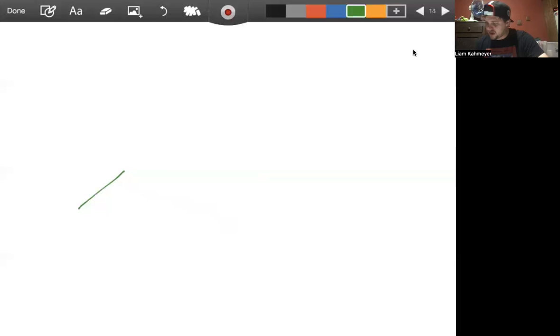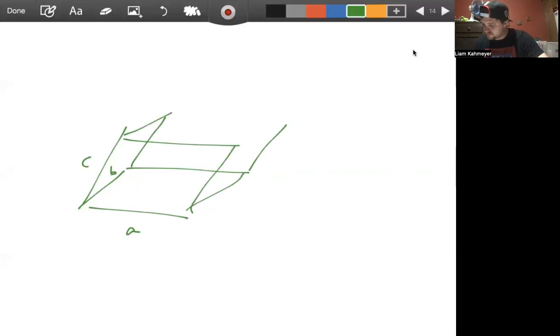Let's say you have a parallelepiped with side lengths A, B, and C. Then the volume of this would just be the area of the base parallelogram.